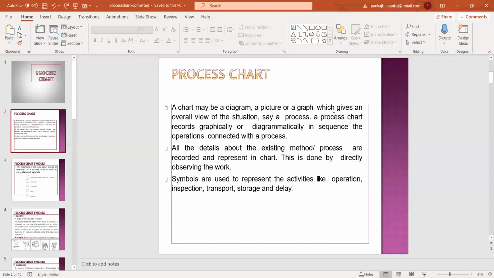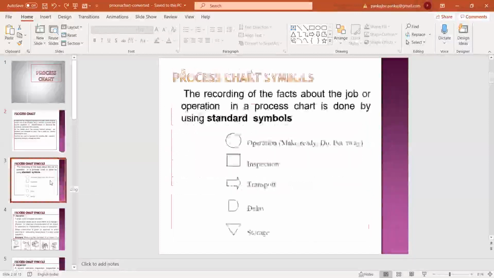So to create a process chart, we need several symbols to represent all the activities during a production process. There are five main symbols which are used. There are certain hybrid symbols also, but first we go through all the main symbols.